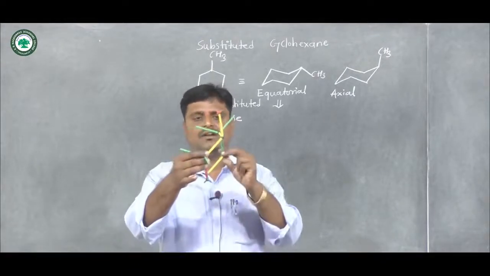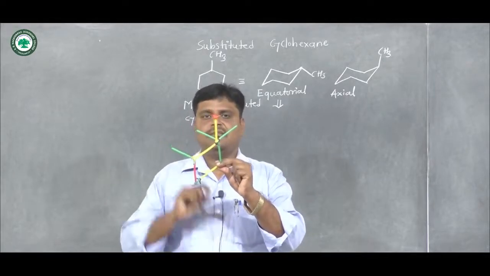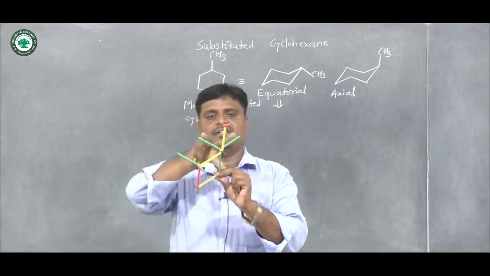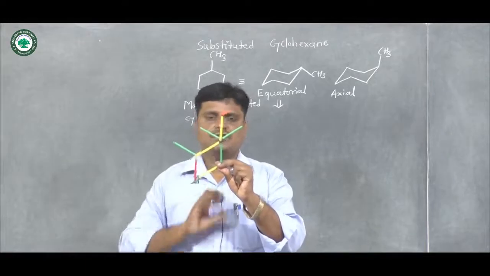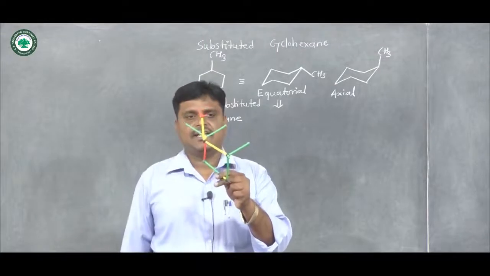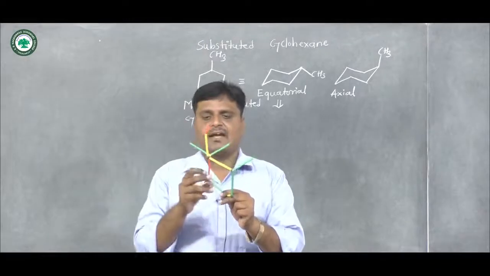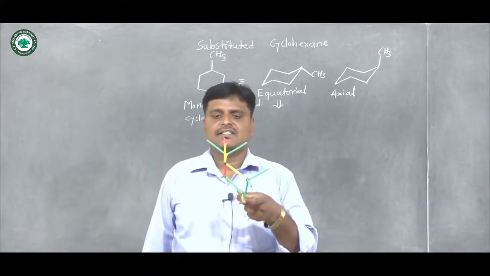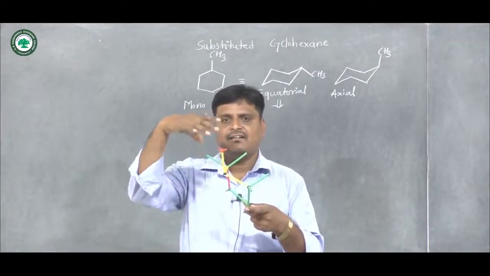Suppose we flip this ring in this fashion. At that time you see the methyl group is sandwiched between these two protons, so this is a staggered conformation, and this situation is also seen in this case. The dihedral angle between this methyl substituent and hydrogen is about 60 degrees, so they do not interact with each other.